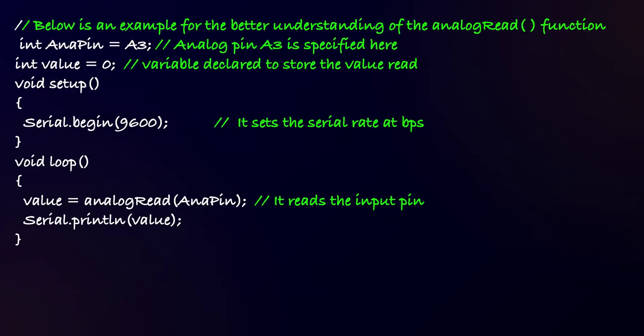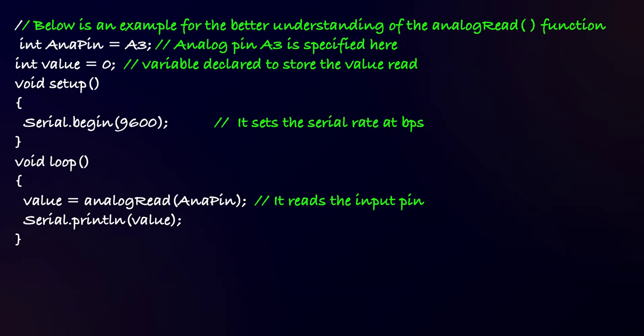Finally, a code. Below is an example for the better understanding of the analogRead function. So int anaPin equals A3, so analog pin A3 is specified here. int value is given 0, that is a variable declared to store the value read.